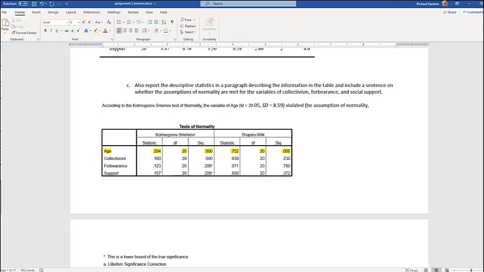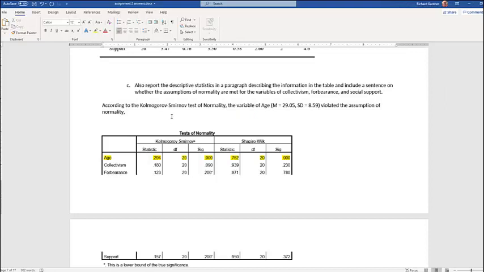According to the Kolmogorov-Smirnov test of normality, the variable of age, and again, here's the mean and standard deviation. That is APA format writing. Whenever you mention a variable, you're supposed to put the mean and the standard deviation in parentheses, just like this. Violated the assumption of normality.